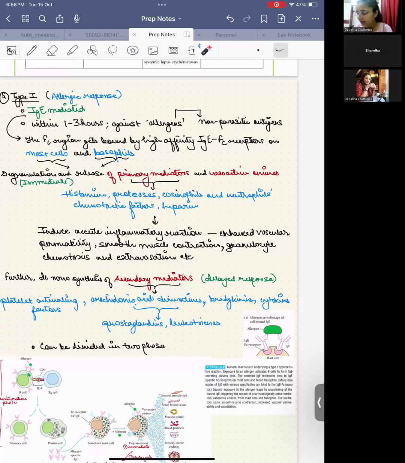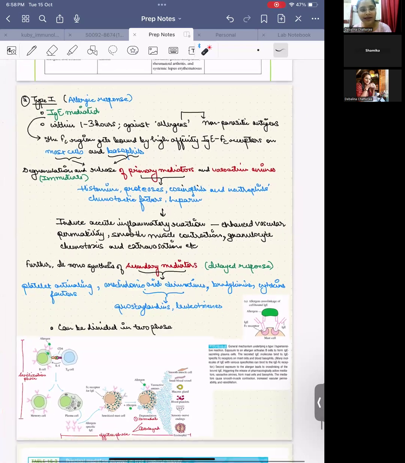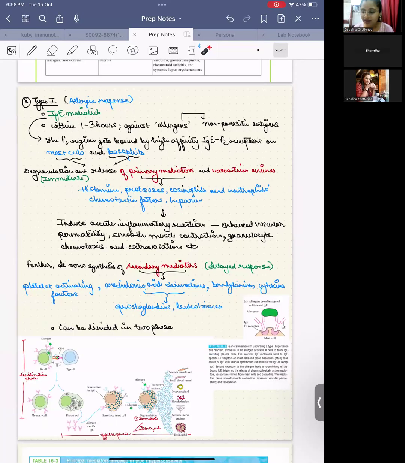If you look here, the important thing to note is that everything that is actually happening is what in a different context was helpful to the body, right? But right now, because the response is so exaggerated, more than these same reactions being helpful to us, the system is actually getting negatively impacted because of the same mechanisms.